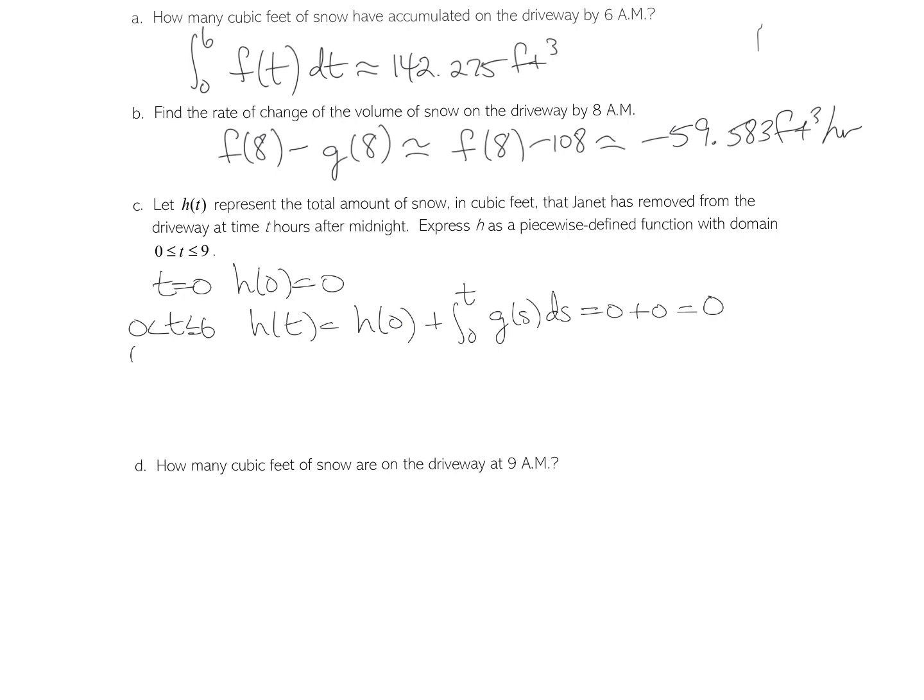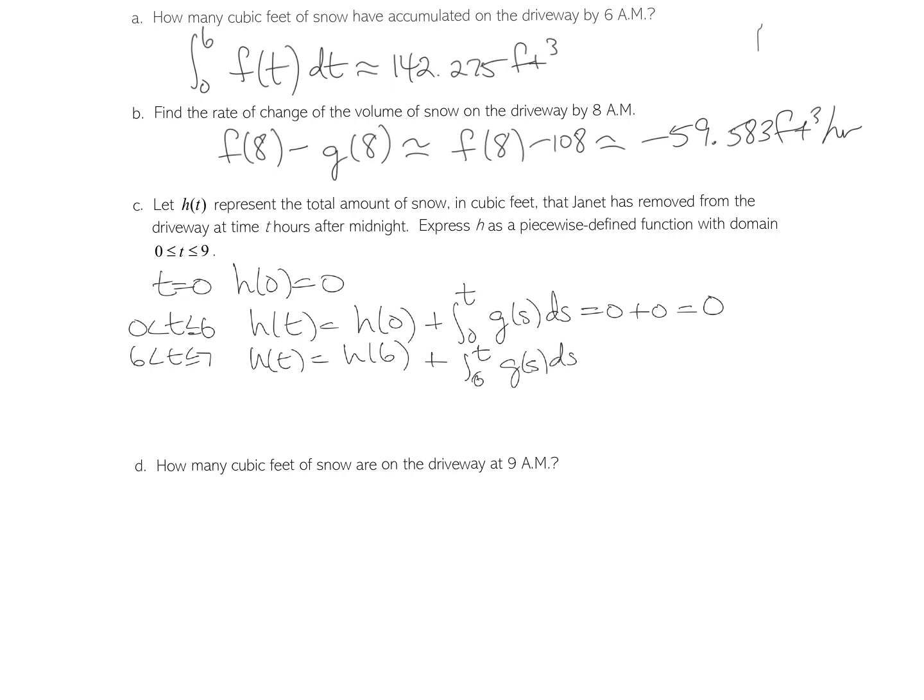So now from 6 to 7, H of T is going to be the beginning, which is H of 6, plus the integral from 6 to T of G of s ds.